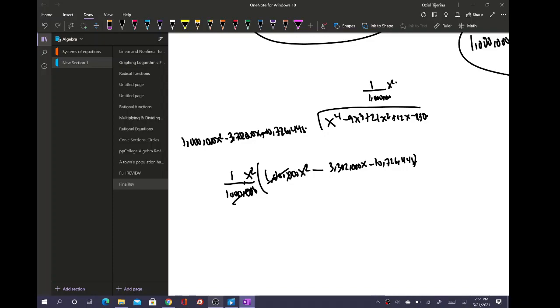So then it would be x to the fourth, obviously, and then you would do 3,302,000 over a million. That would be minus 1651 over 500 x.